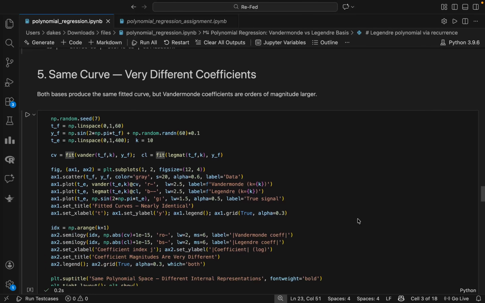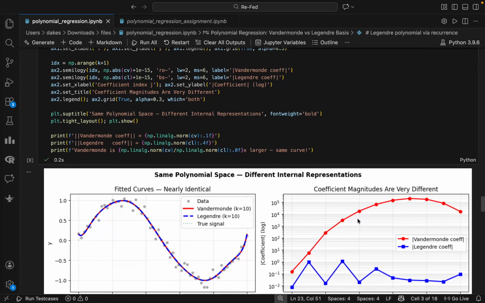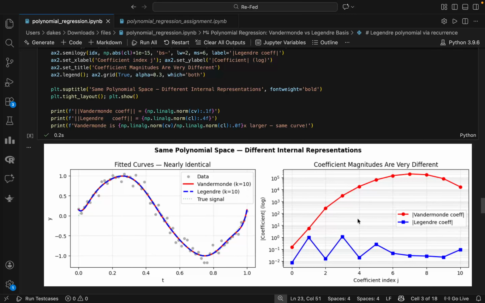Now, here is the most important insight. I fit both bases to the same noisy sine data with degree 10, and the left panel shows the fitted curves. They almost look identical, we can see basically no difference. You can barely distinguish them, but look at the right panel.